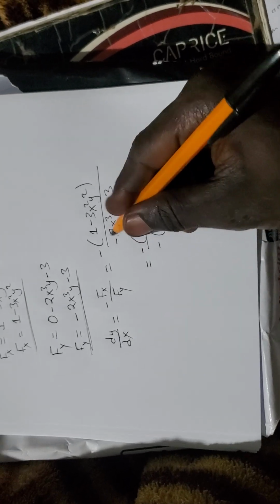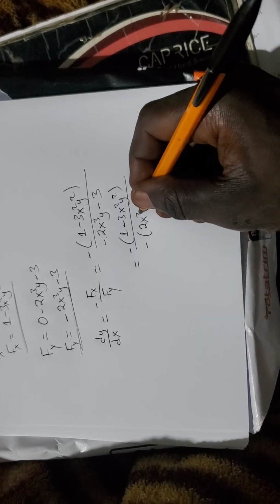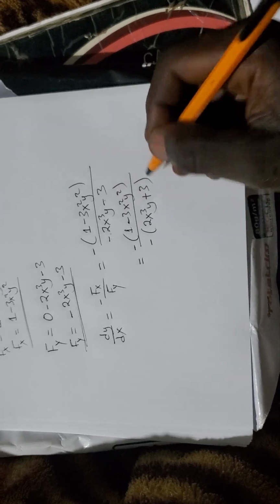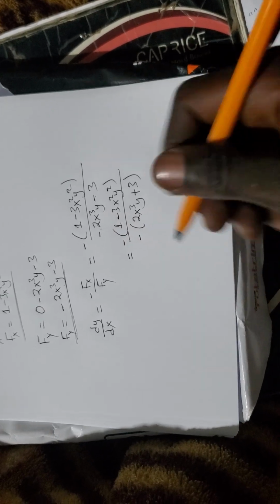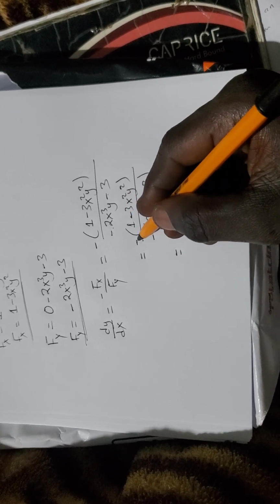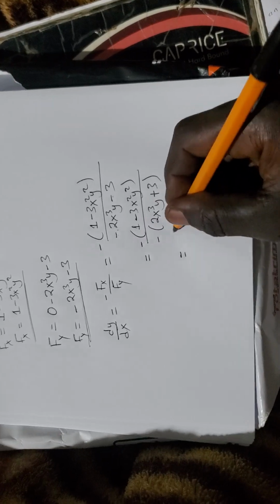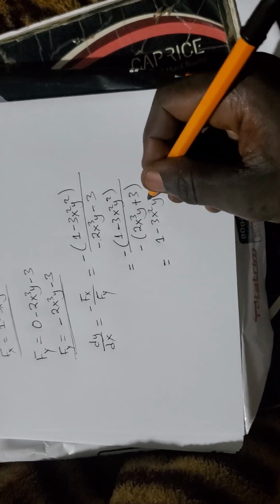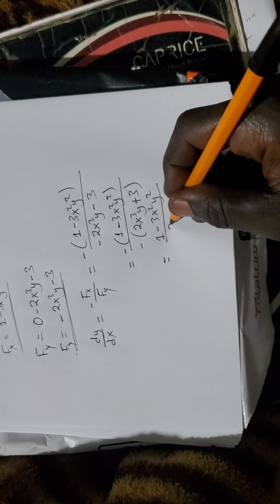So this guy now becomes a positive, and this guy becomes a positive also. Meaning the negative on top and below will cancel each other. The top now remains without this negative, but just what is in the brackets. And the bottom part, we eliminate the negative.